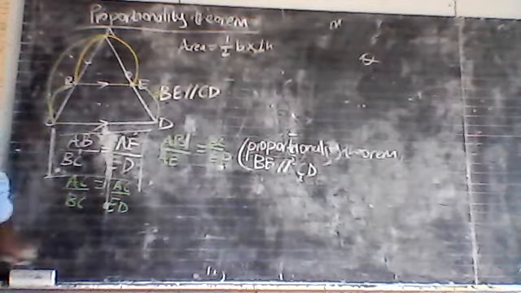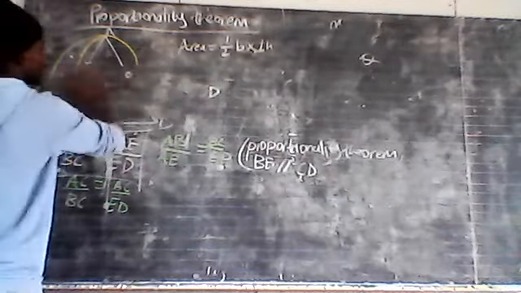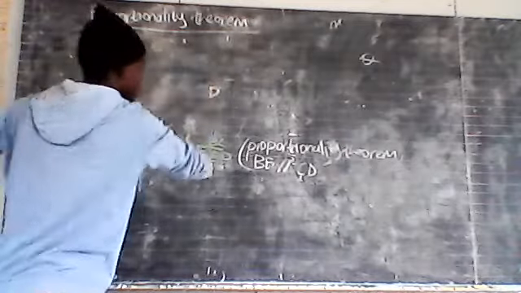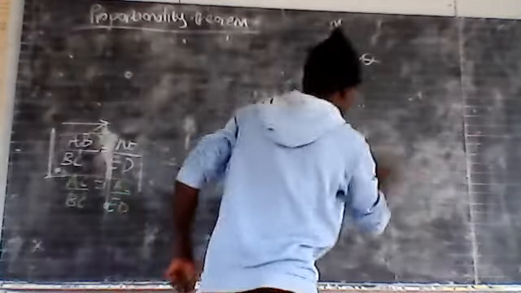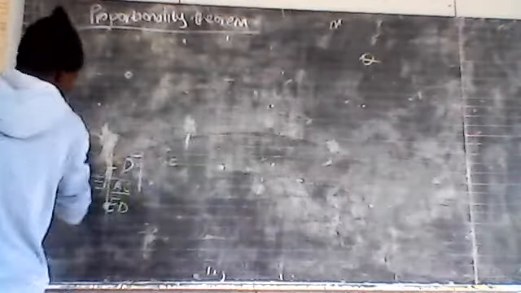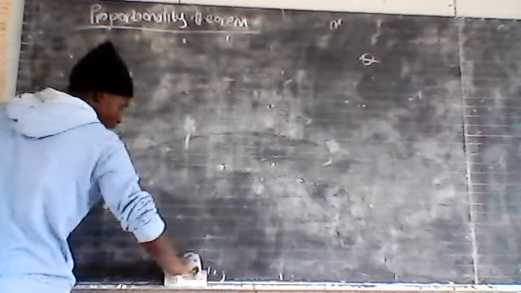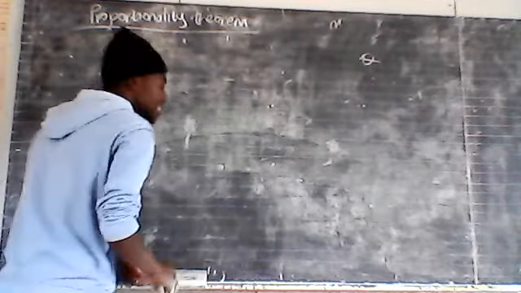Okay, now let's see how to apply this theorem, guys, in our calculations. In any triangle where you can identify a line that is parallel to the third side of a triangle, we are going to use the proportionality theorem to solve some problems.